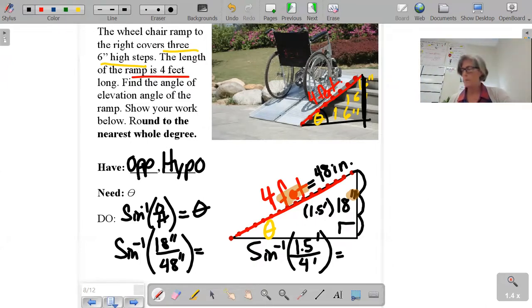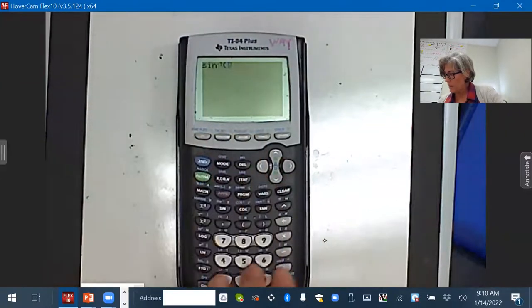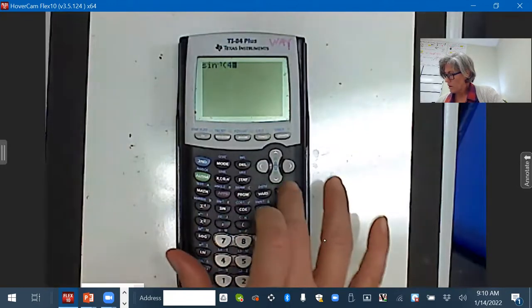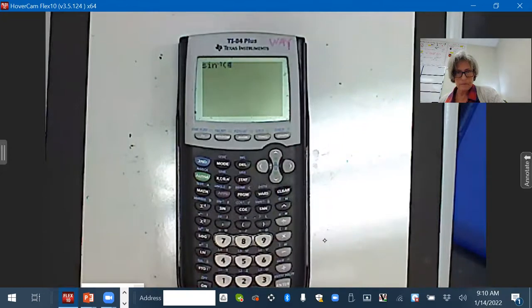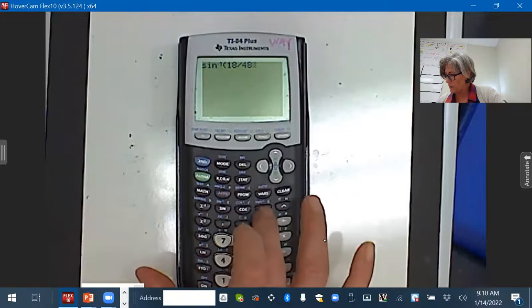Let's do both. First one, second function sine, that's going to be 18 inches divided by 48 inches.